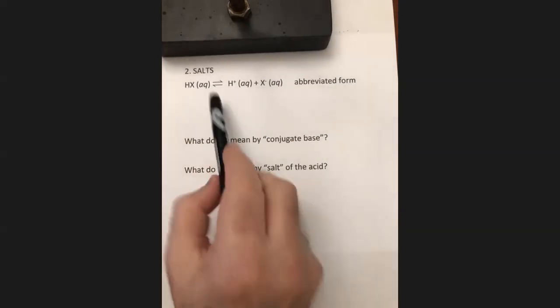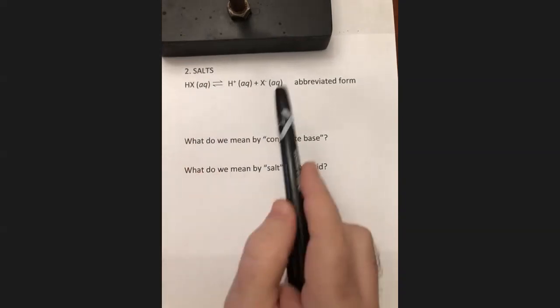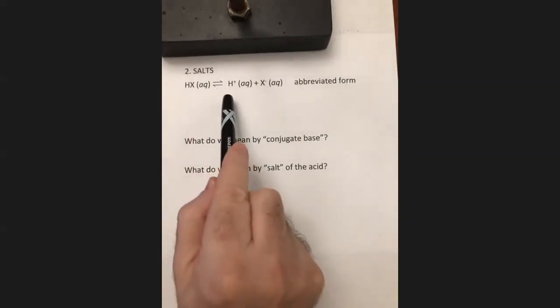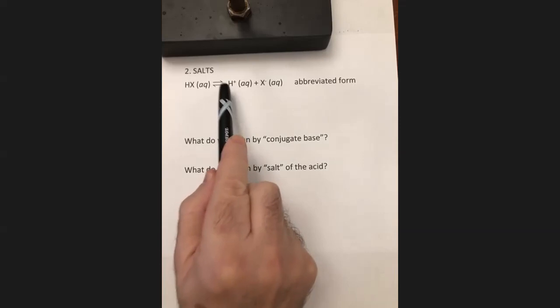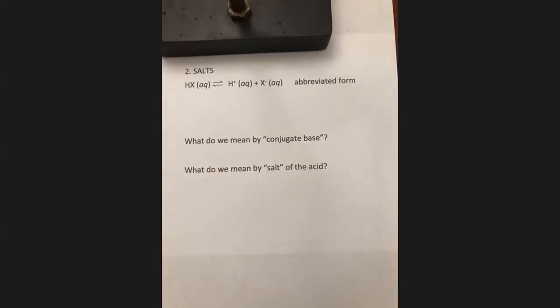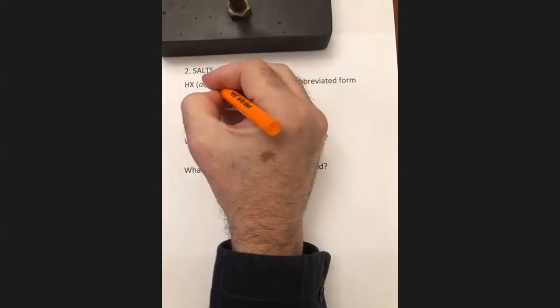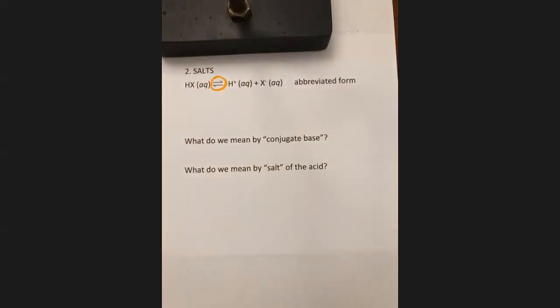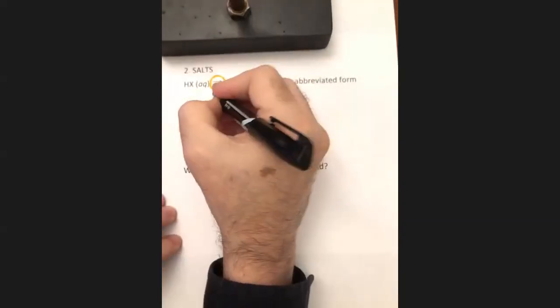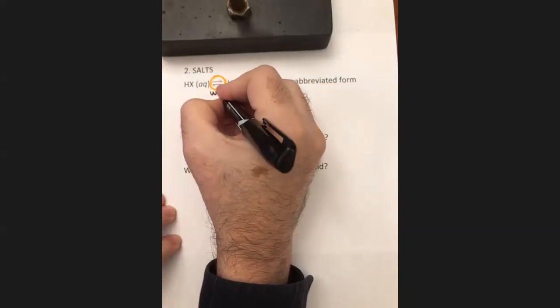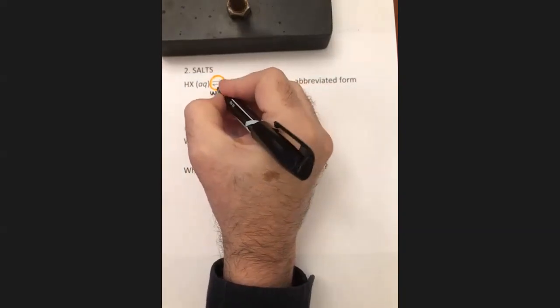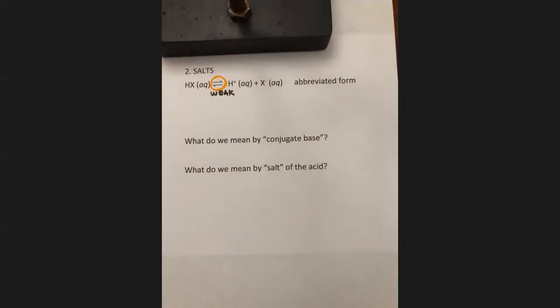Now, whatever this acid is, I put an X in there. What do I know just from looking at that equation? What do I know about that acid? I know that it is a weak acid. Why do I know? Because it has a double arrow.